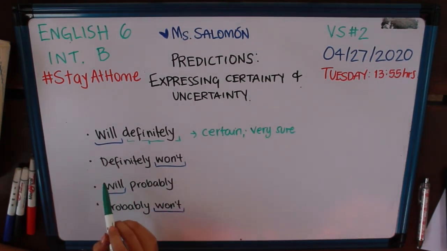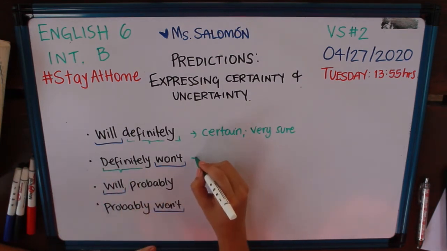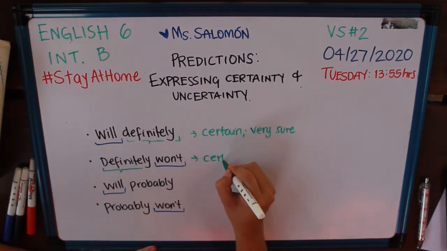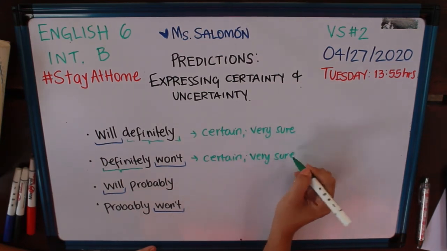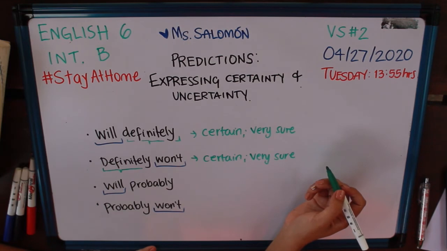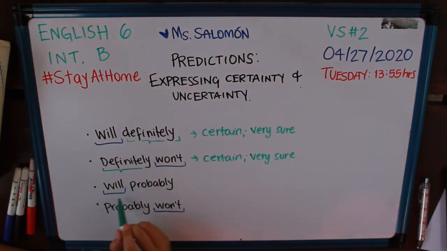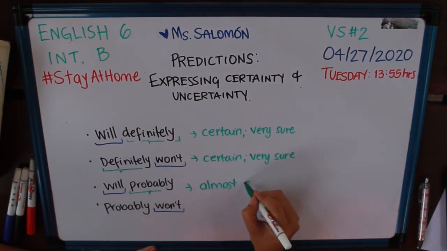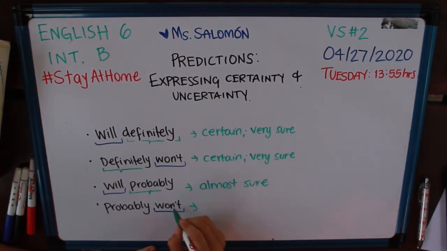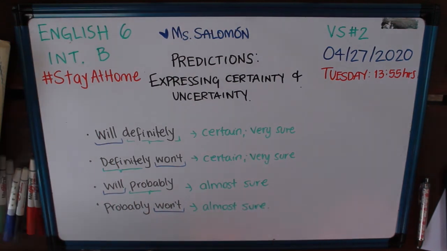If we use the adverb definitely and won't, we're expressing the same, that we are certain or very sure that something won't happen. Now, if we use the adverb probably and the modal verb will, we are saying that we are almost sure. And the same happens with the negative form of the verb will.